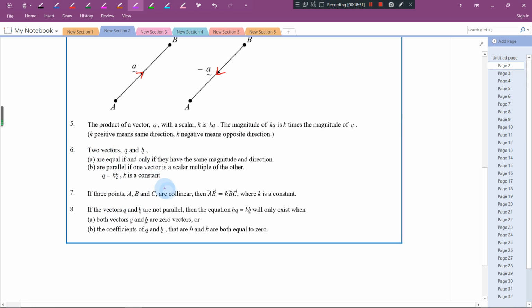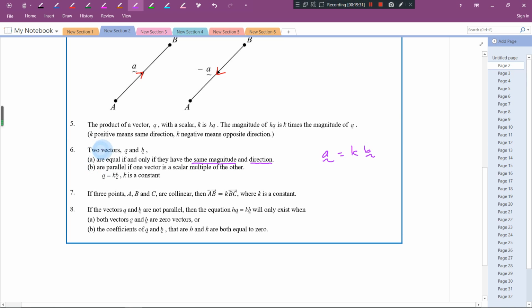Let's go through this note first. Two vectors A and B are equal if and only if they have the same direction and same magnitude. If they are parallel, then A is equal to KB. So if I give you 2 vectors, I can write in this form: A equal to KB. If A and B are non-zero vectors and you write it like this, it means that they are parallel to each other.